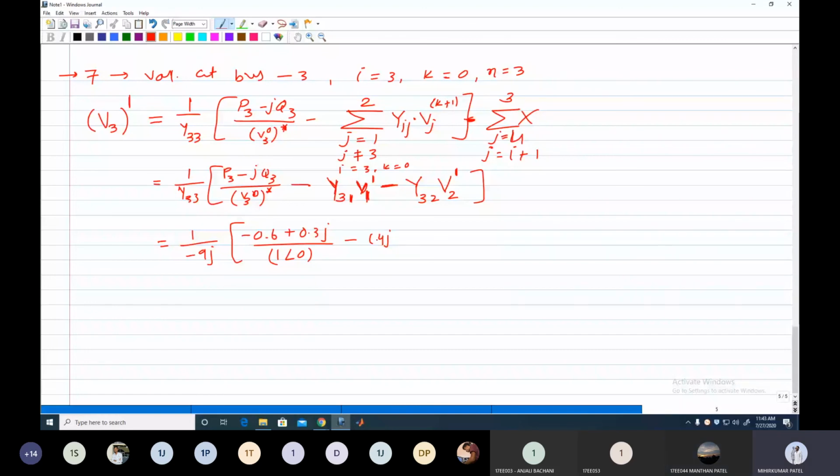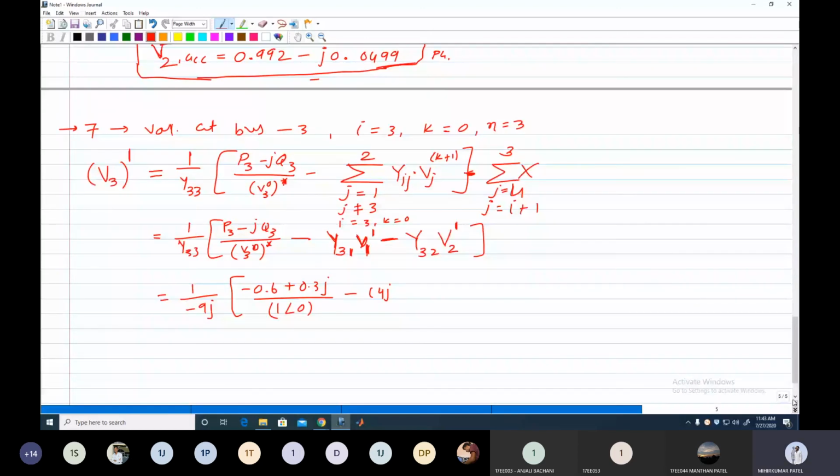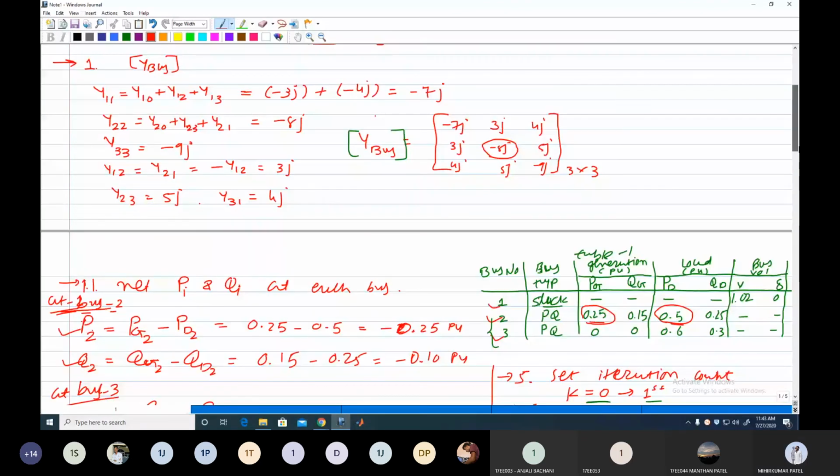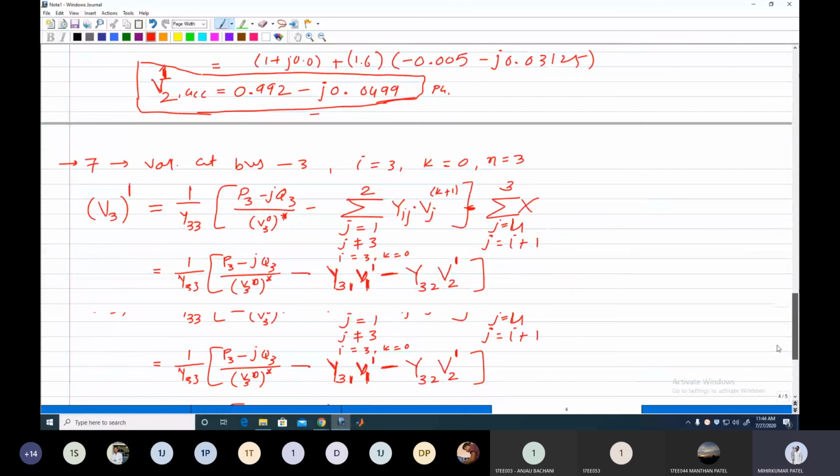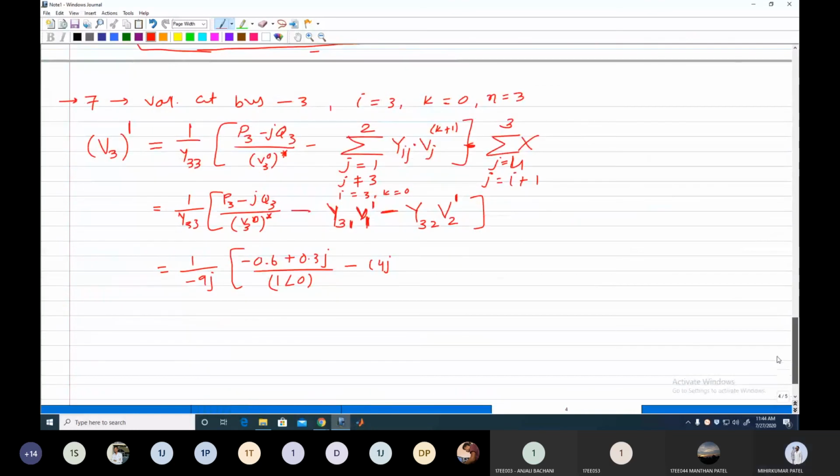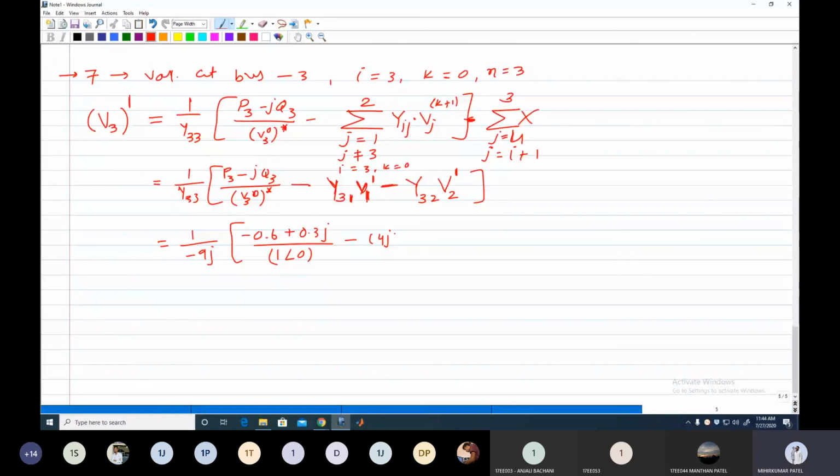Yeah, minus 4j, not minus 4j. Just look into the matrix. Value of 3 1. See, 3 1. It is 4j. You have to consider the values of this admittance from the admittance matrix. So it is 4j. Then I have made a mistake. Yes. No. It is okay.